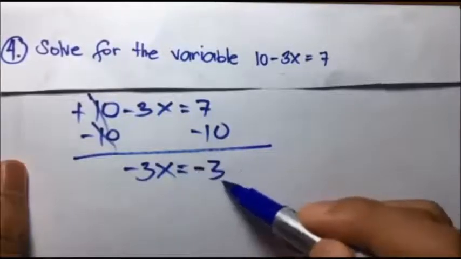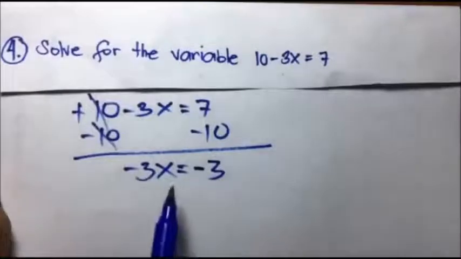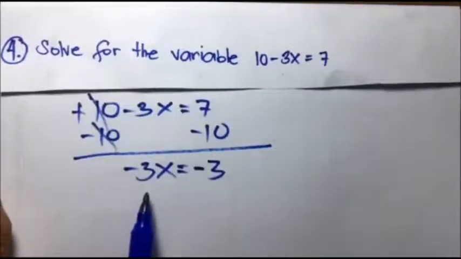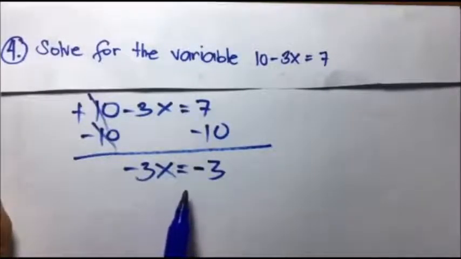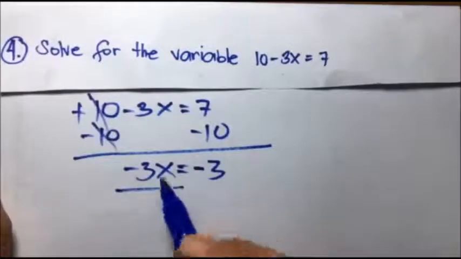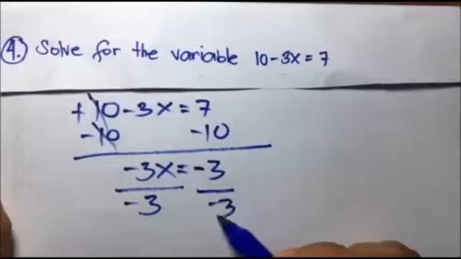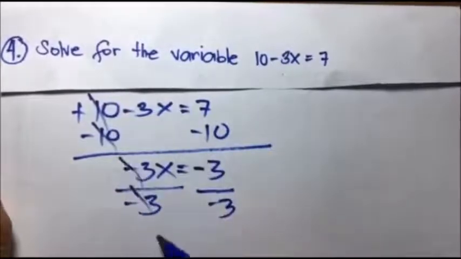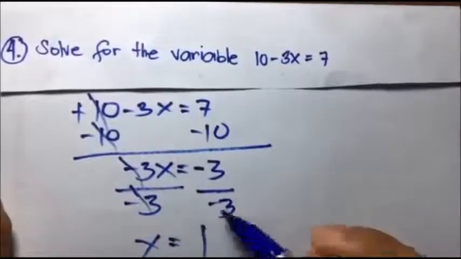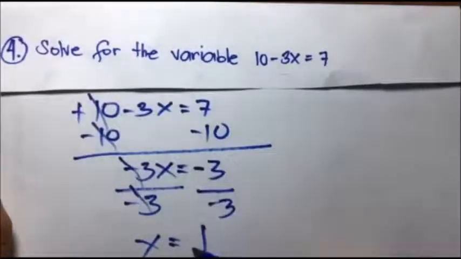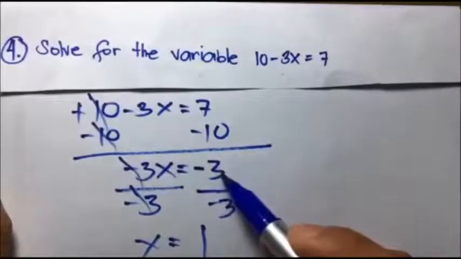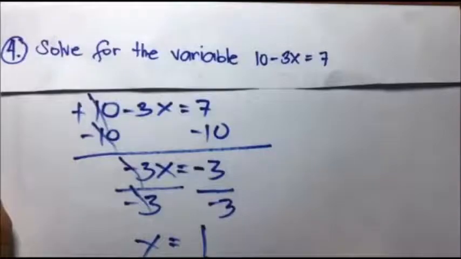So we get negative 3 here. Now we need to use the division property of equality. We divide by negative 3 on both sides. They cancel, so x is equal to 1. Negative divided by negative is positive, and 3 divided by 3 equals 1.